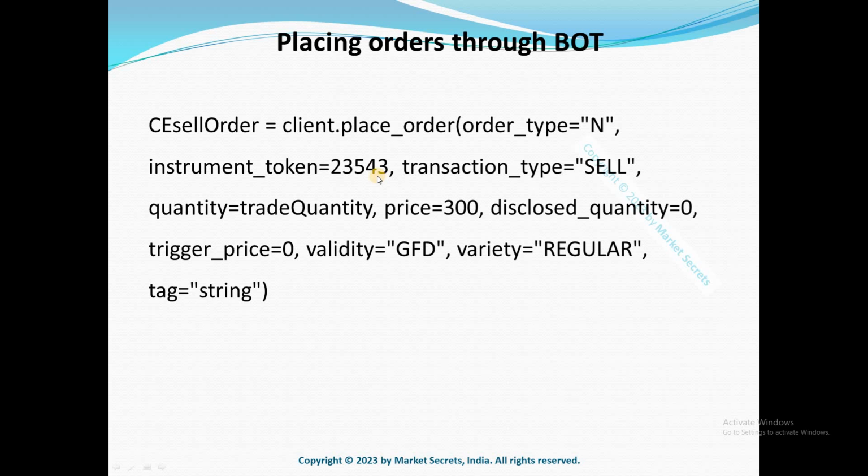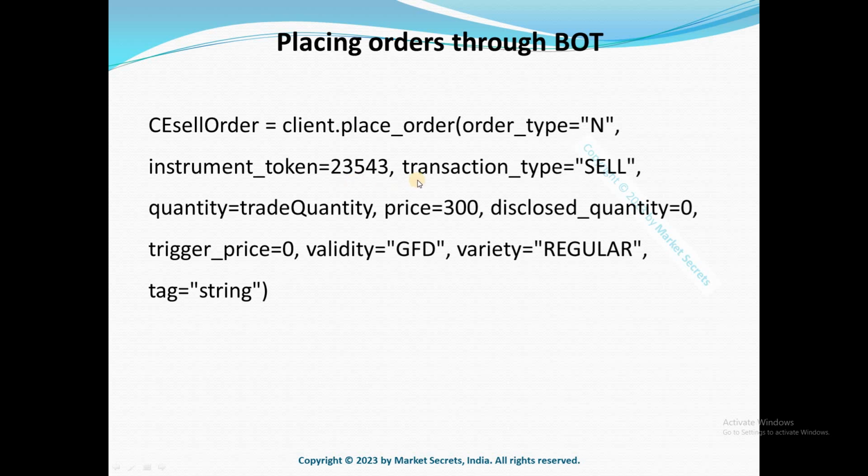So if you want to trade on Nifty options, for each CE and PE, it'll have a different instrument token. So for every single symbol, it will be different. So this is going to be a unique identifier to identify any particular trading instrument, as simple as that.